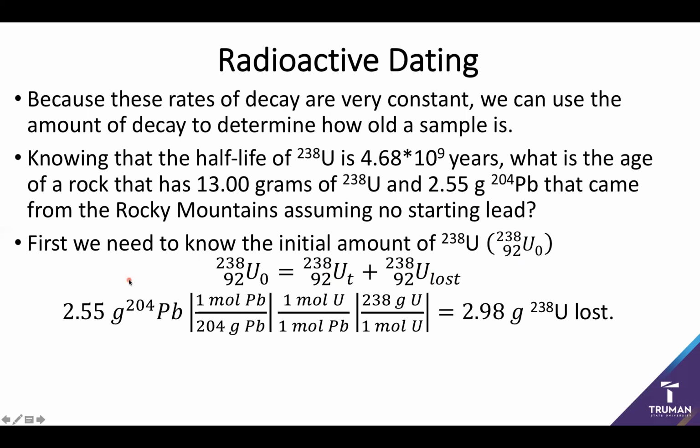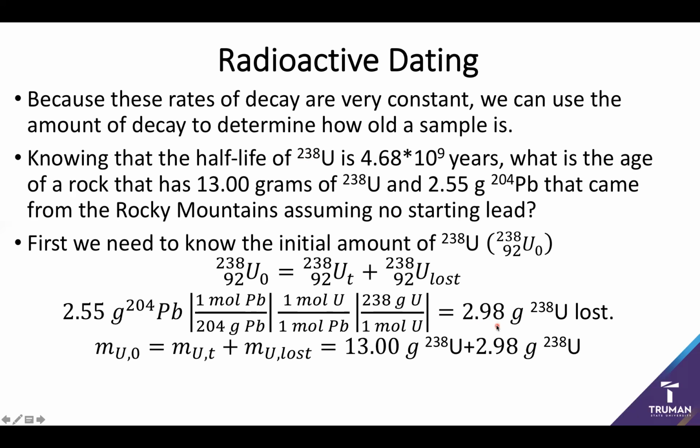So I need to go ahead and use good old-fashioned stoichiometry, knowing I started with about 2.55 grams of lead, turn that to moles of lead, and know that every 1 mole of lead was produced from 1 mole of uranium, which has a slightly different molecular weight. So it turns out to produce that 2.5 grams of lead, I lost about 3 grams of uranium. So combining these numbers, our original mass was just under 16 grams of uranium.